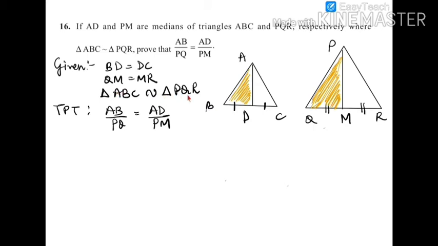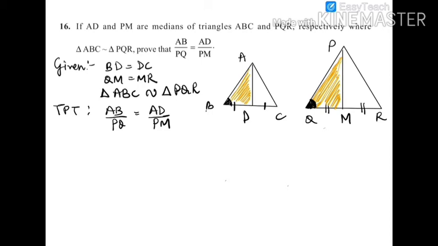Since we know that triangle ABC is similar to PQR, we can say that angle B is equal to angle Q, because they are corresponding parts of similar triangles. And we can say that the sides of these two triangles are also proportional.